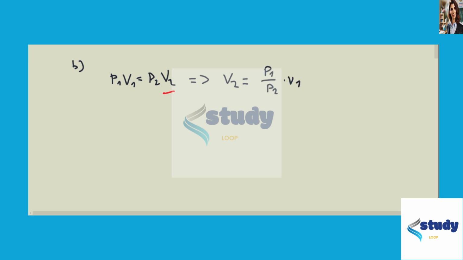We can then substitute and say this is 1 times 10 to the 5th power pascals, multiplied with 1.5 liters, and this is going to be over 2.5 times 10 to the 5th power. And this equals, when we put these values into a calculator, we obtain that V2 equals 6 liters.